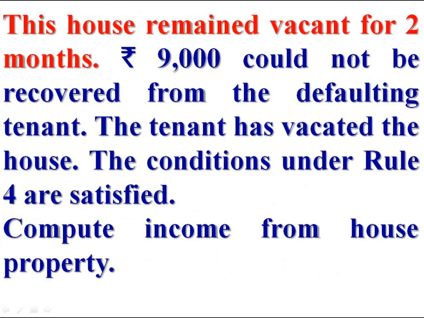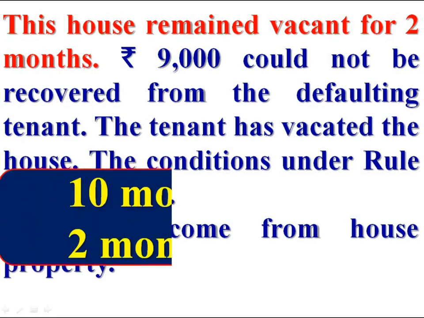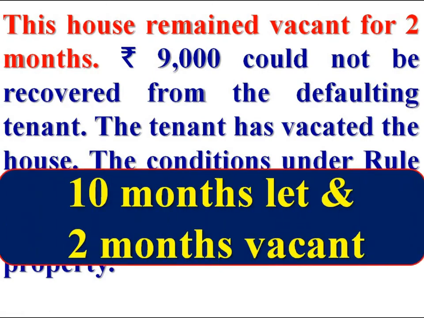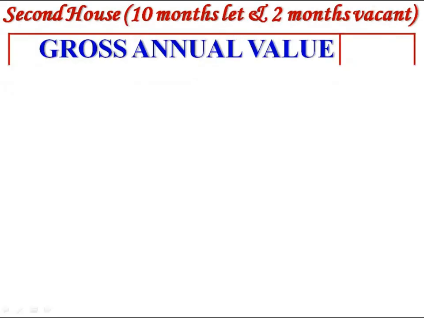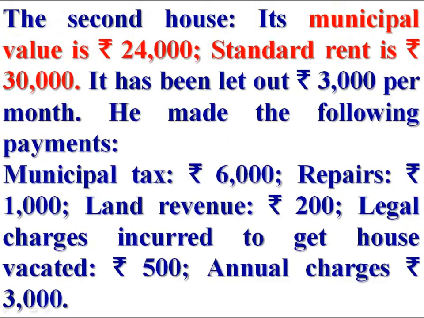This house, that is second house, remained vacant for 2 months. It means 10 months let out and 2 months vacant. If a let out property remained vacant for a part of the previous year, we know the gross annual value is the actual rent received or receivable. There is no need of computing expected rental value.